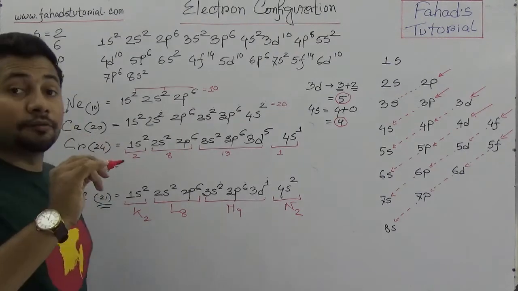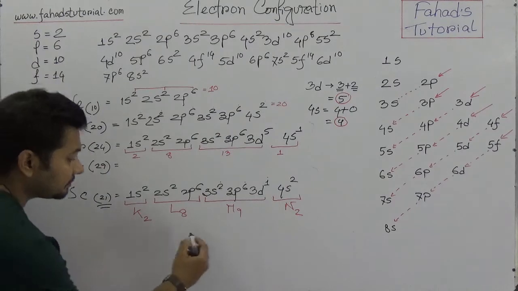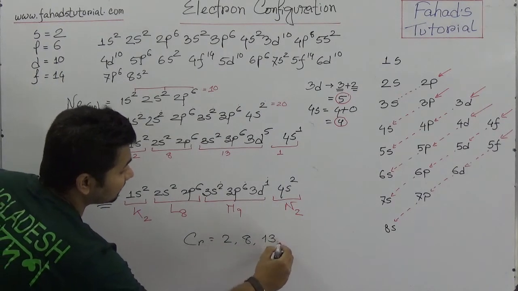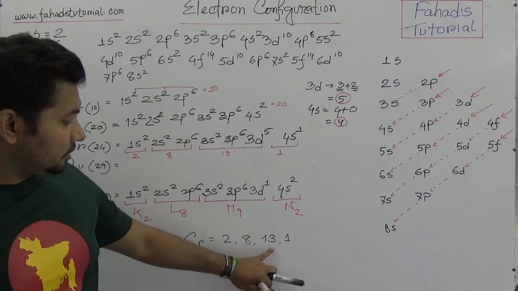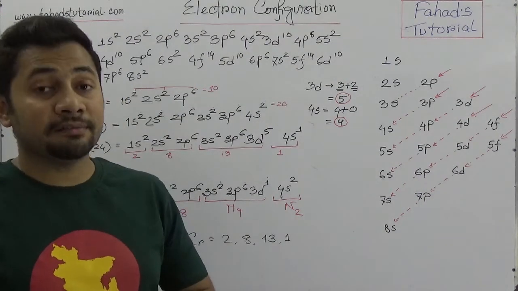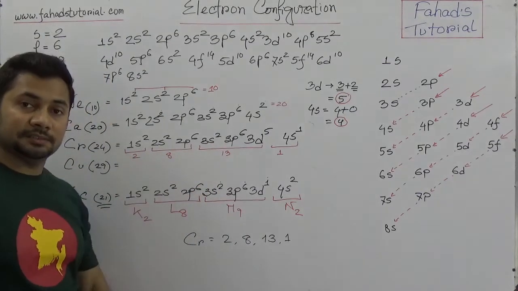So we can say that the chromium electron configuration is 2, 8, 13, 1. That is altogether 24. So this is how these 24 electrons are arranged in a chromium atom.